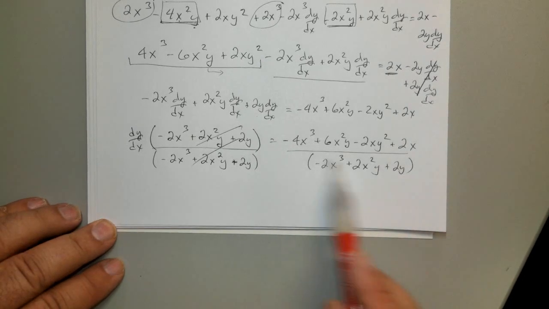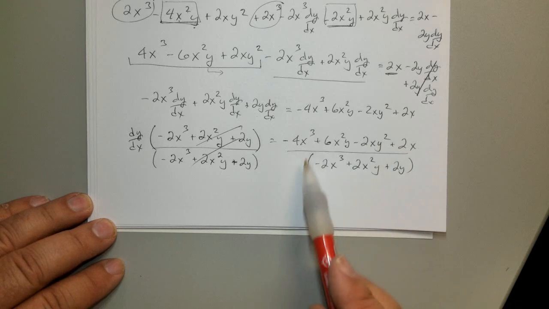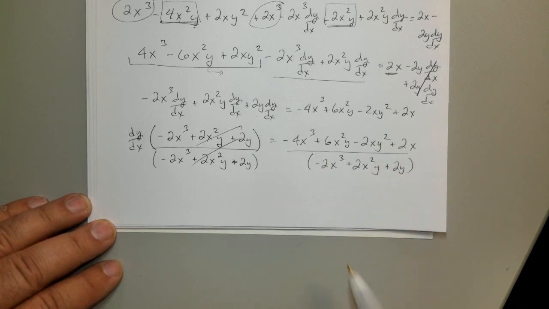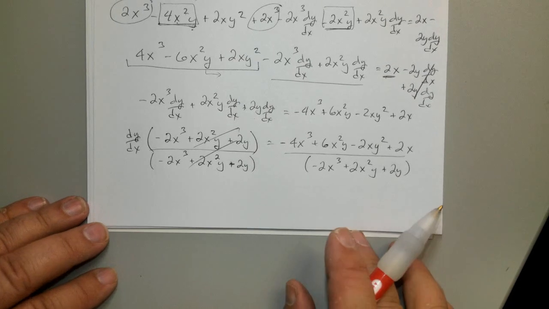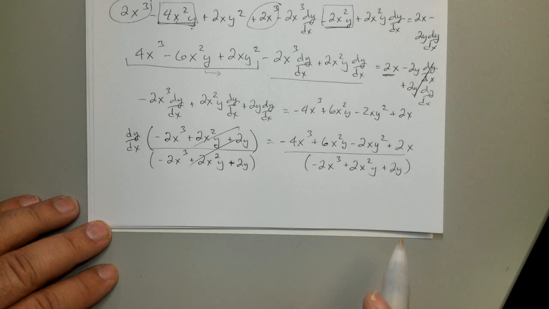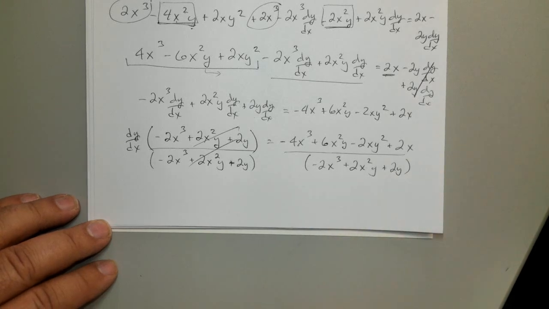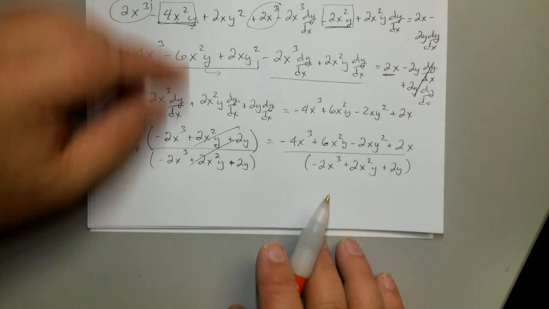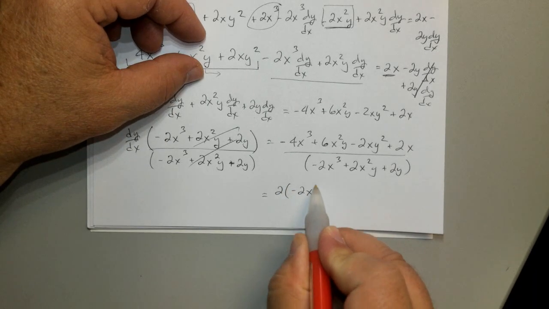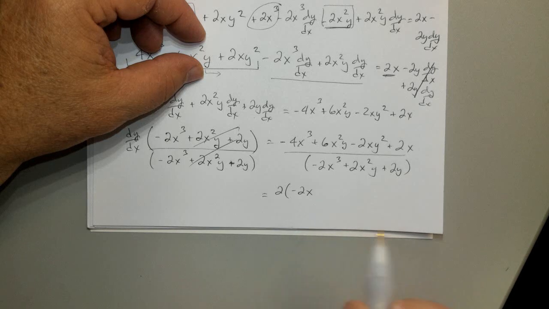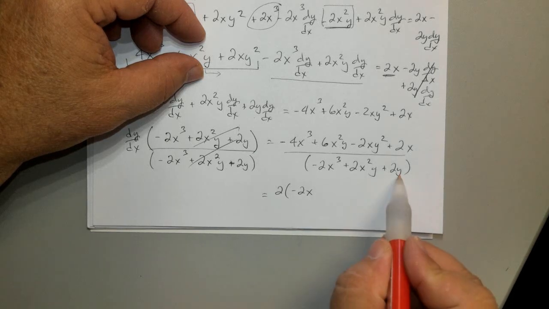Can we do anything to this side? Anything factor? A 2. Fortunately, that one doesn't have an x.